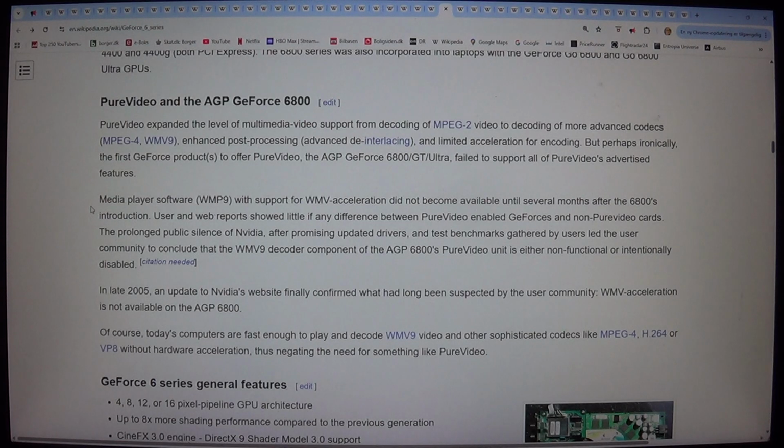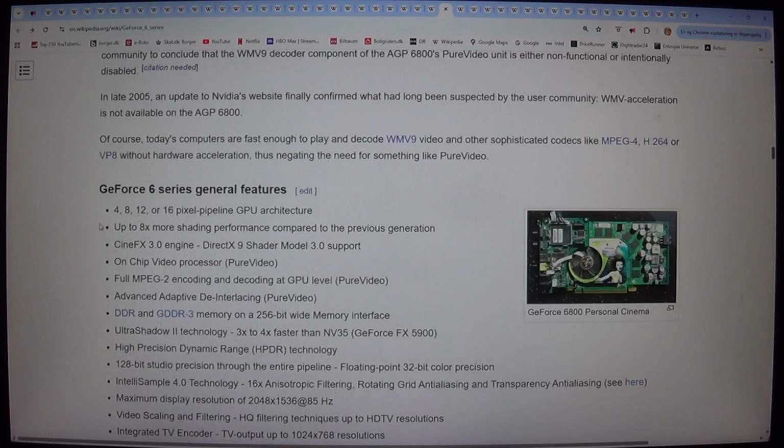The prolonged public silence of NVIDIA, after promising updated drivers, and test benchmarks gathered by users led the user community to conclude that the WMV9 decoder component of the AGP 6800's PureVideo unit is either non-functional or intentionally disabled. In late 2005, an update to NVIDIA's website finally confirmed what had long been suspected by the user community: WMV acceleration is not available on the AGP 6800.